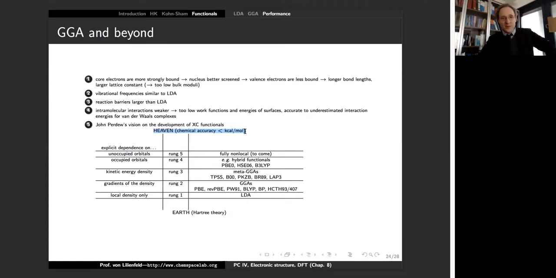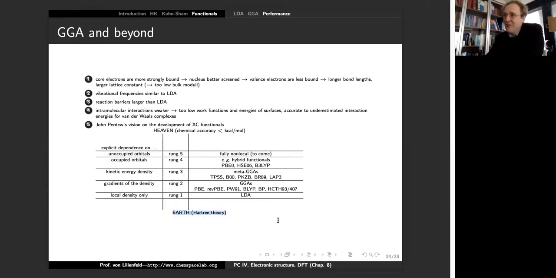Now, he proposed this hierarchy, so that the most accurate method here, akin to solving Schrödinger's equation with full configuration interaction, right? So for the full many-body wave function problem, we should be able to do this within the density functional framework if we follow this hierarchy. And the worst we can do is this Hartree ansatz, right?